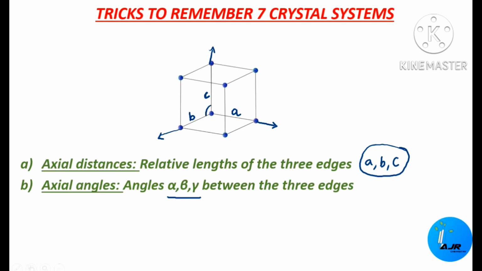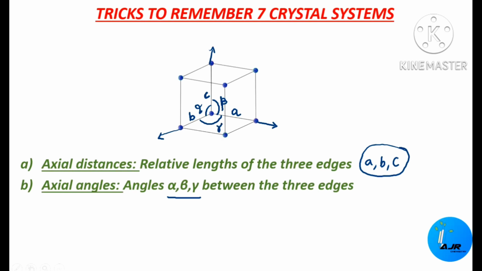So you should be very careful. It is B and C, and the beta angle is between A and C. Understood, students? And the angle between A and B is gamma.